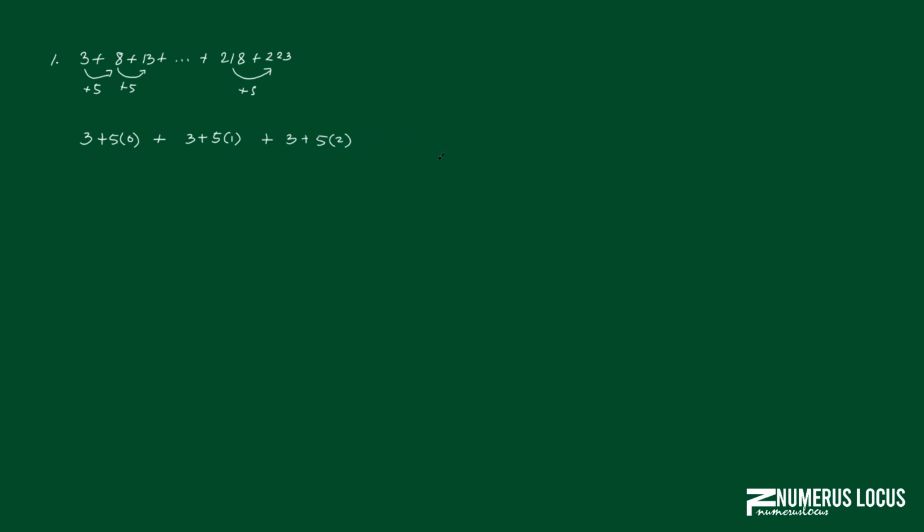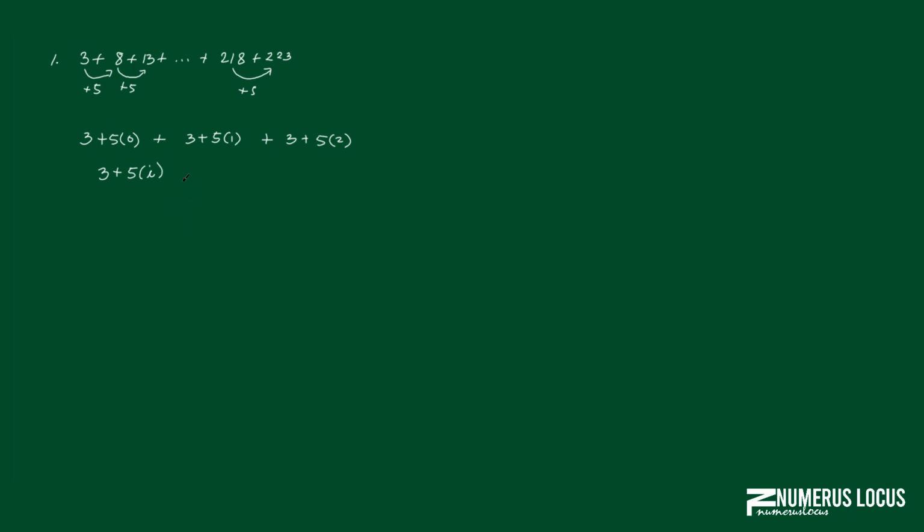And then if you're going to repeat this one, you're going to multiply 5 times 3, 5 times 4, 5 times 5, up to the last term of the series. So we can now conclude that our working summand is 3 plus 5i, where i, we can start from 0. Since we started from 0, for us to come up with the first term of 3.